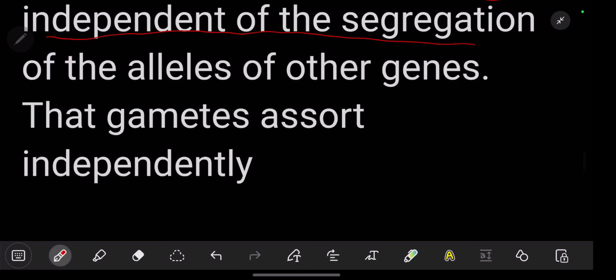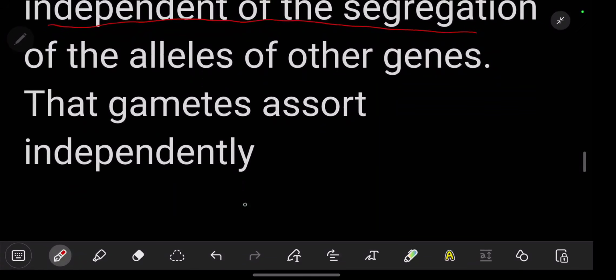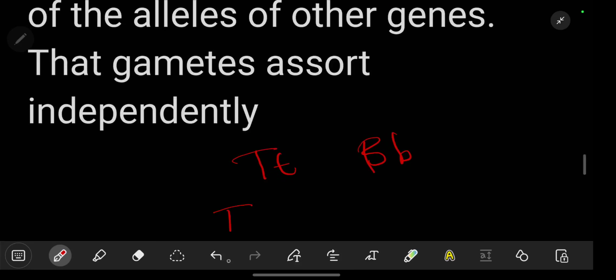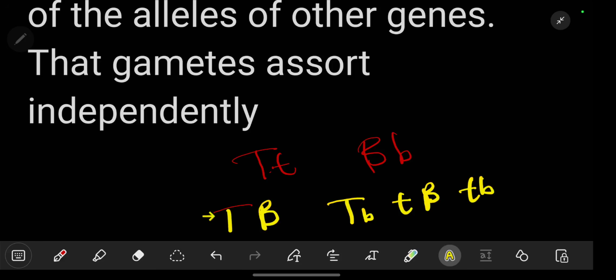What we mean by this is that if you are looking at height, and then you have the skin color, black and brown, the possibility of someone being tall and black is independent of the possibility of someone being tall and brown. Likewise, someone can be short and black. At the same time, someone can be short and brown. So this is basically what Mendel's second law is all about.